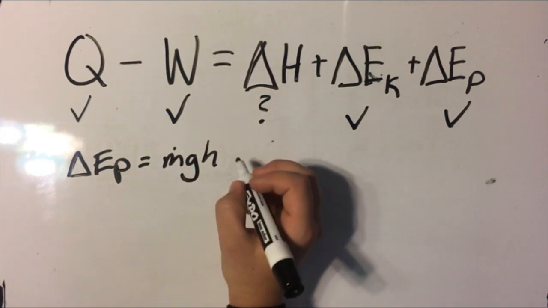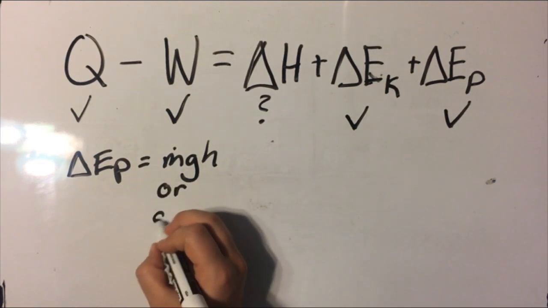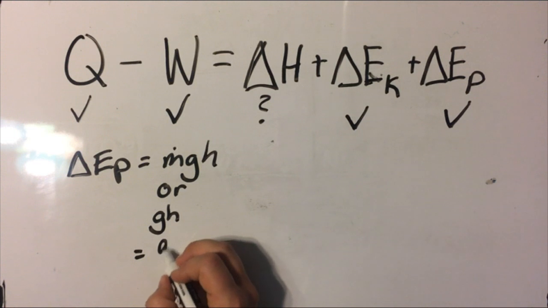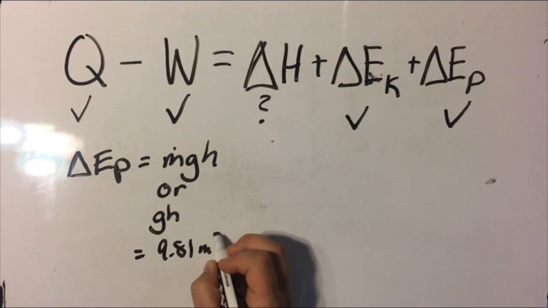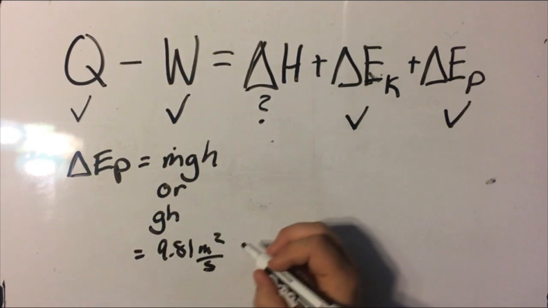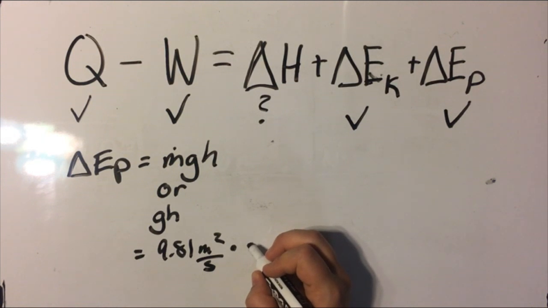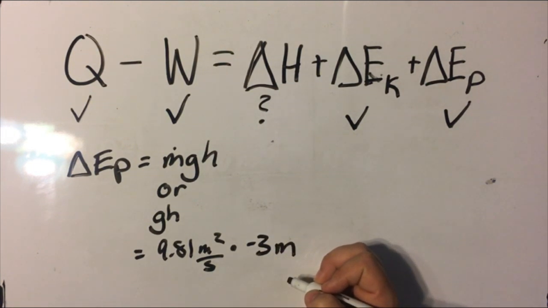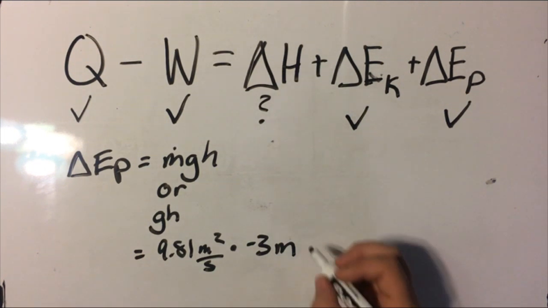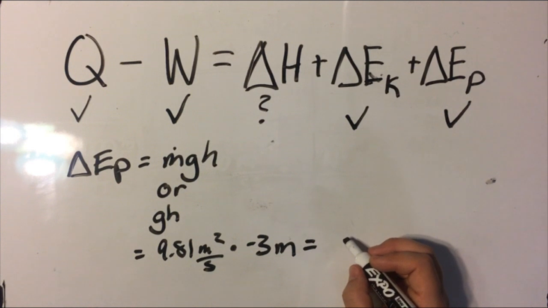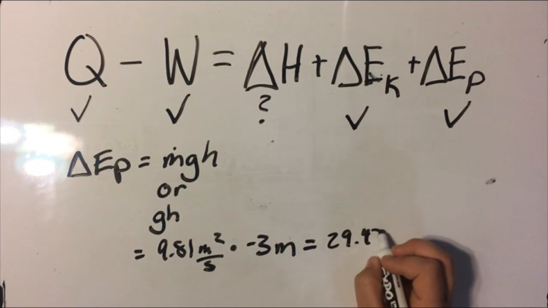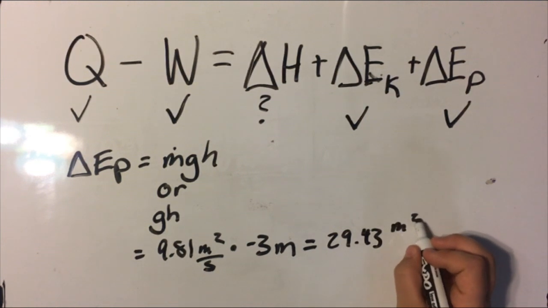However, we're going to leave our mass out to make things simpler, so we're just going to go with our gravitational constant times our height, which equals 9.81 meters per second squared times a negative 3 meters, because the outlet is 3 meters below the inlet. Doing the math on that, we get 29.43 meters squared per second squared.